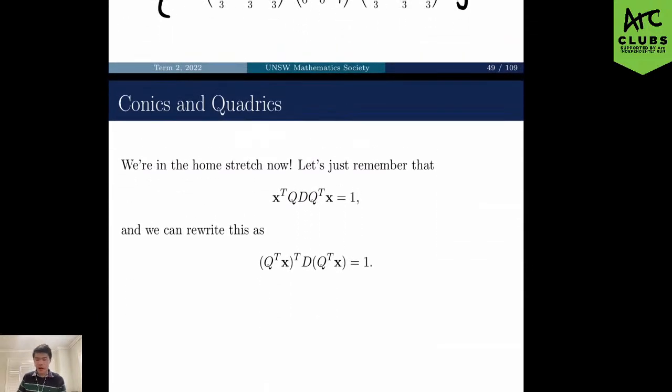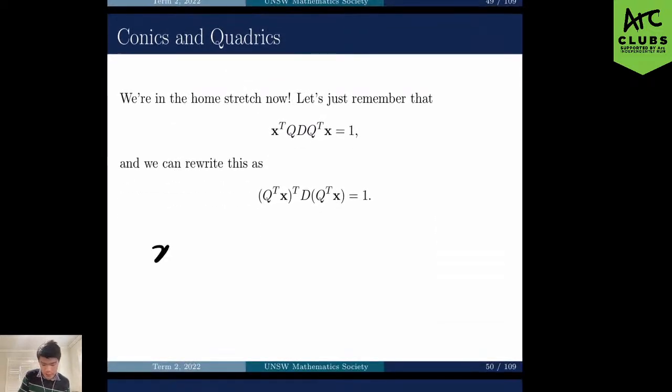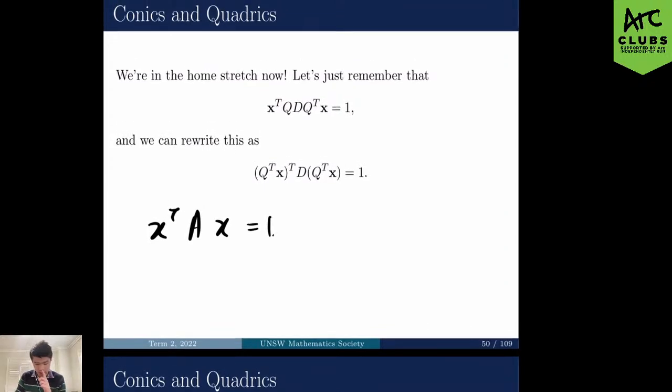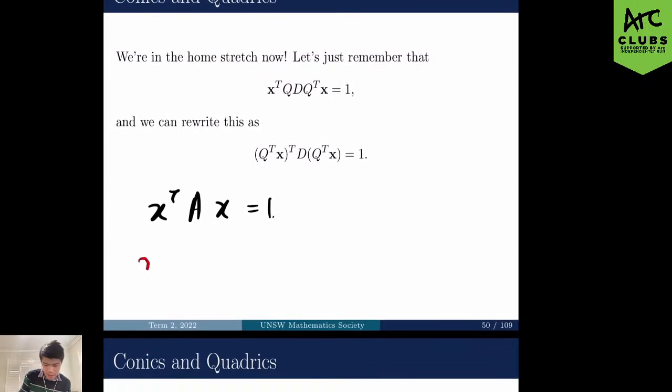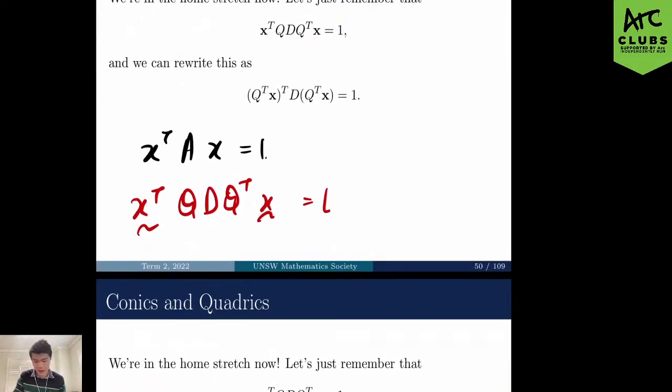Okay, so at this point what we do is we basically substitute that into our formula. Remember we have x^T A x equals 1. Well, now what we do is we replace this with x^T Q D Q^T x equals 1. Okay, and what we then do is we use the fact that the transpose of a product can be expressed as, basically I'll do it over here, Q^T x we'll keep the same.